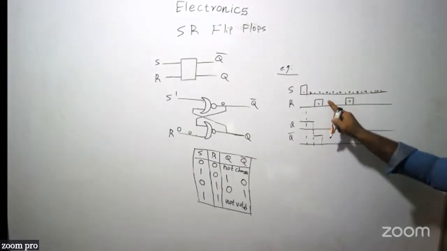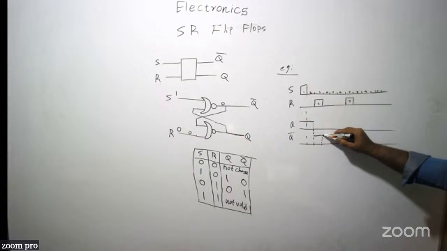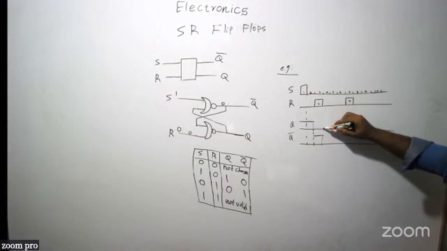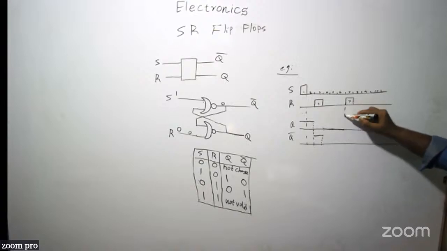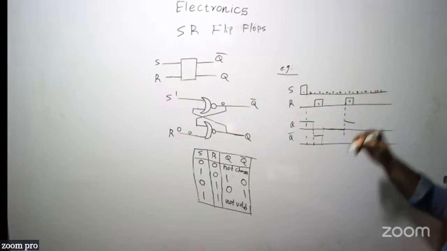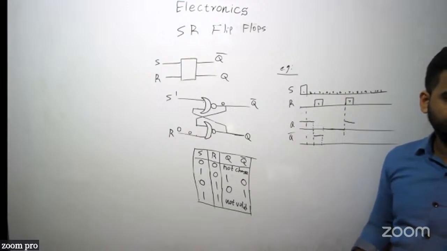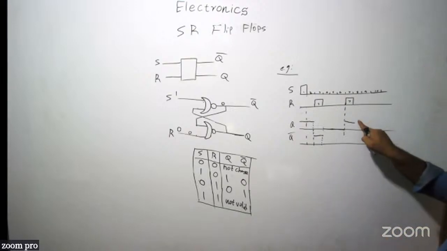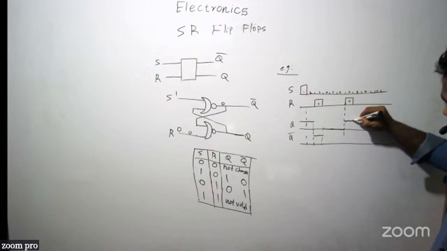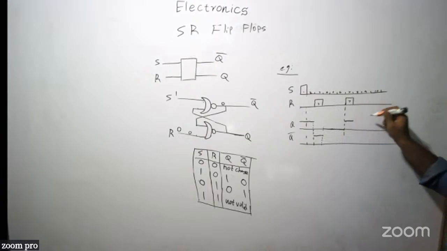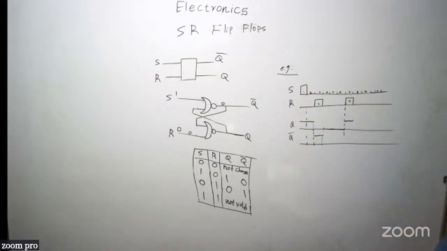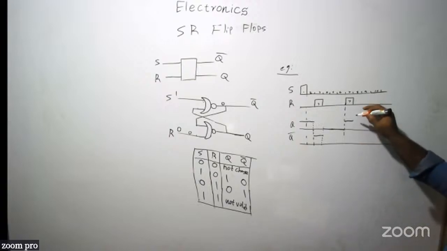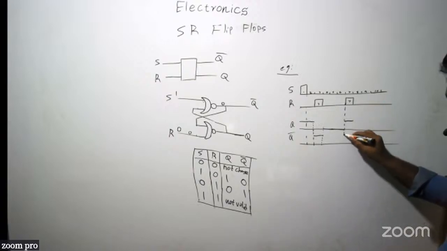Then you get zeros, which means the state remains the same, does not change. Then again it gets set. When it gets set, Q becomes 1. Then after that, it is always 0. Then what do you get? The remaining parts. Reset is 1.